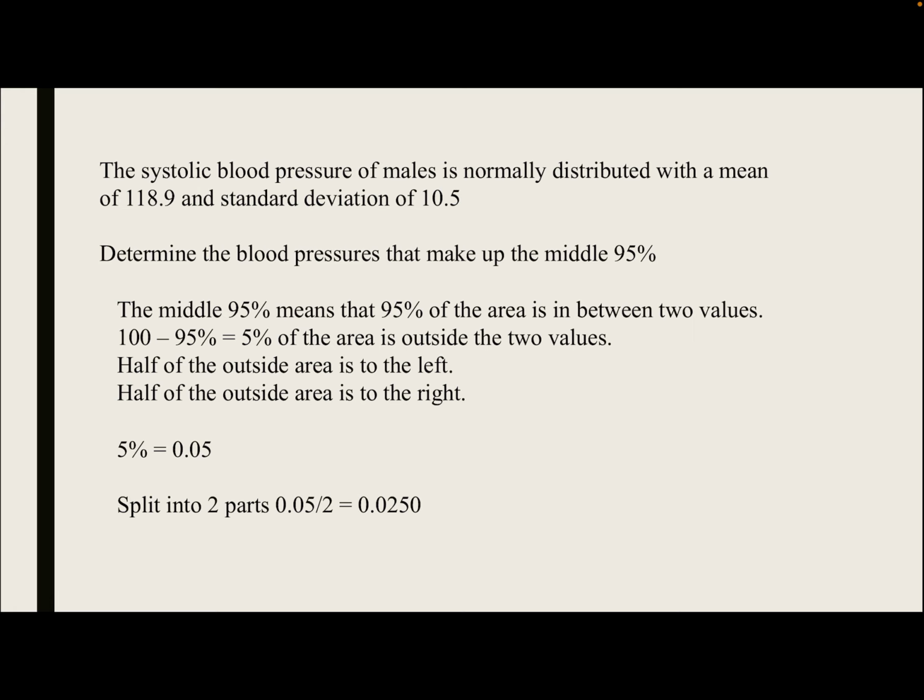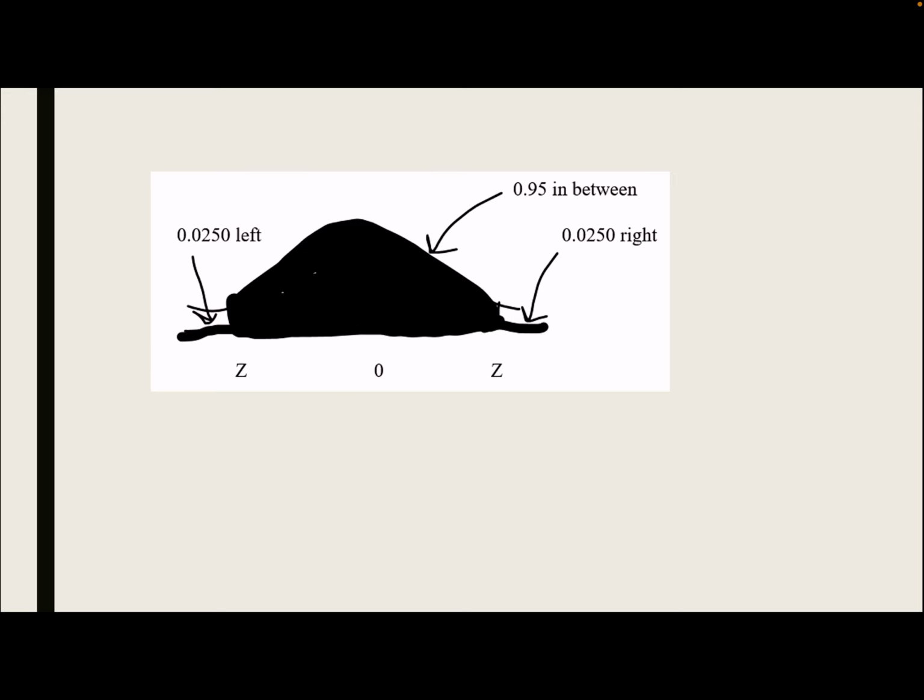The systolic blood pressure of males has a mean of 118.9, standard deviation of 10.5. So the middle 95% split into two parts has 0.0250 on the left and on the right. Okay, so 0.0250 on the left, 0.0250 on the right, and 95%, 0.95 in the middle.